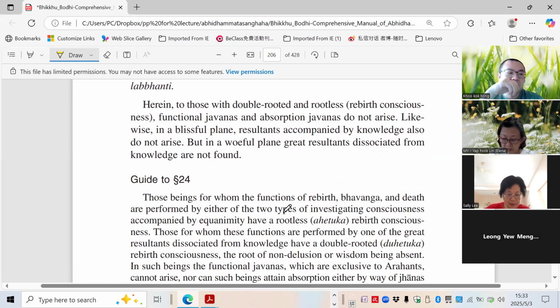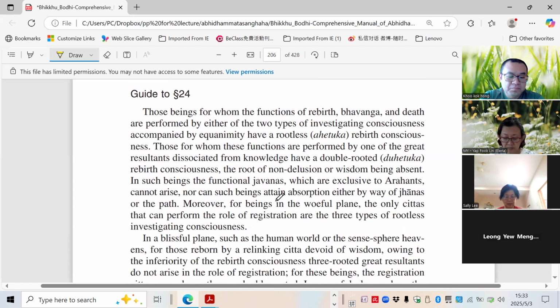Herein, to those with double-rooted and rootless rebirth consciousness, functional javanas and absorption javanas do not arise. Likewise, in a blissful plane, resultants accompanied by knowledge also do not arise. But in a woeful plane, great resultants dissociated from knowledge are not found. Those beings for whom the functions of rebirth, bhavanga, and death are performed by either of the two types of investigating consciousness accompanied by equanimity have a rootless rebirth consciousness.